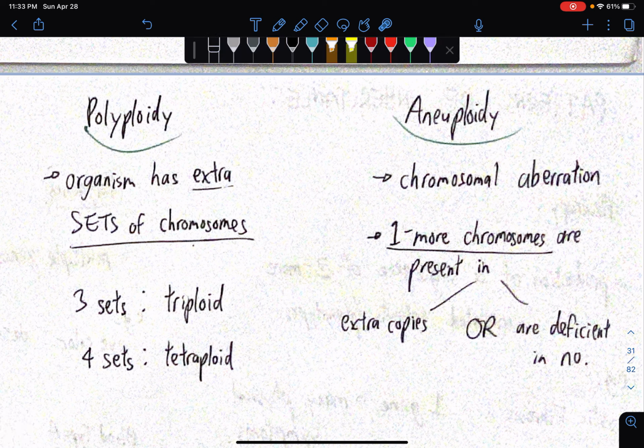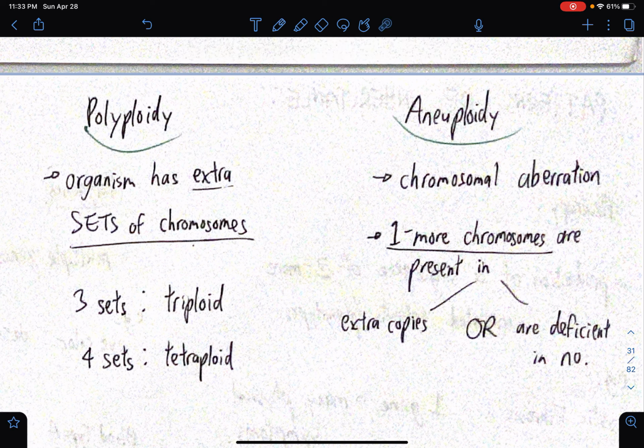Just like how we label polynomials, we could say tetranomials, I think that's what they call it, if the highest exponent is 4. But after trinomial, we call it polynomial, a universal term referring to ones with exponents of 4, 5, 6, and above.